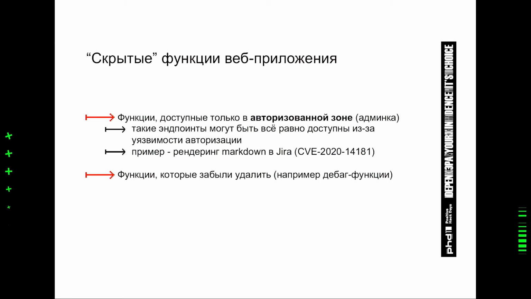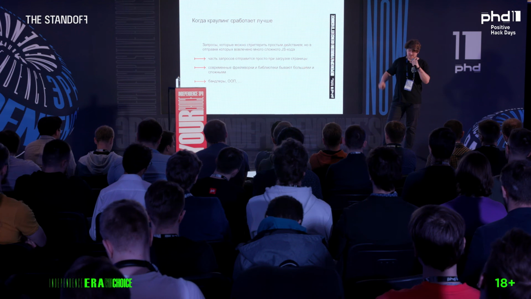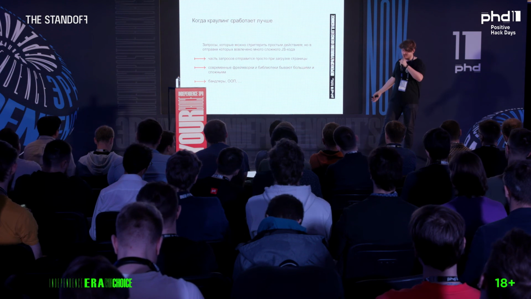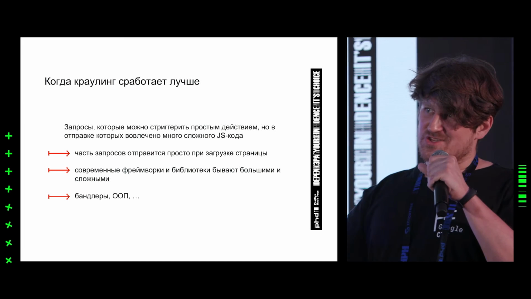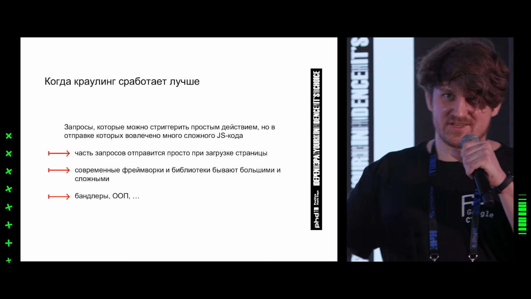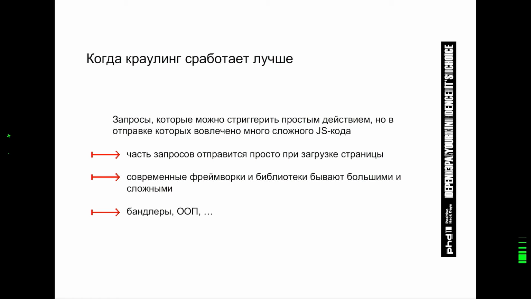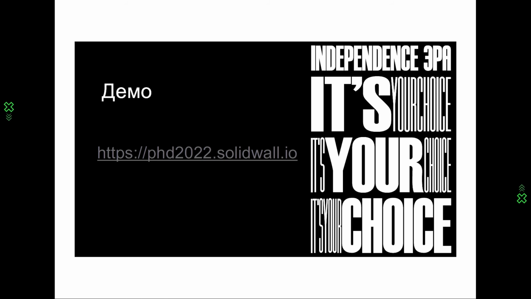In rendering Markdown in Jira, you also go through that endpoint, and you could leak, take away user emails. If you don't have login, you don't see it in the page, you see it in JavaScript. Or a function that somebody forgot to delete. In some other cases, crawling works better. Say, a request is set up in a difficult way, and it can easily be triggered by just pushing one button. And here are some difficulties enumerated.